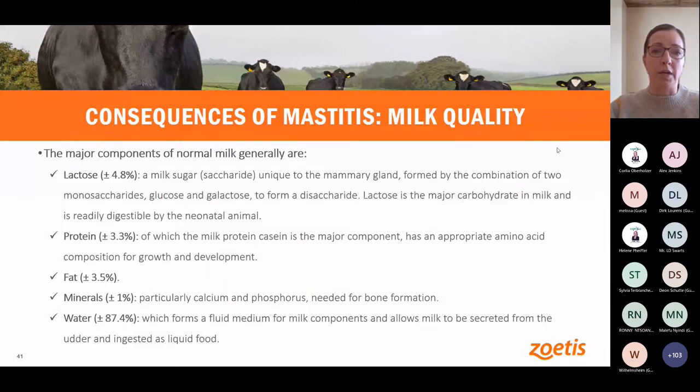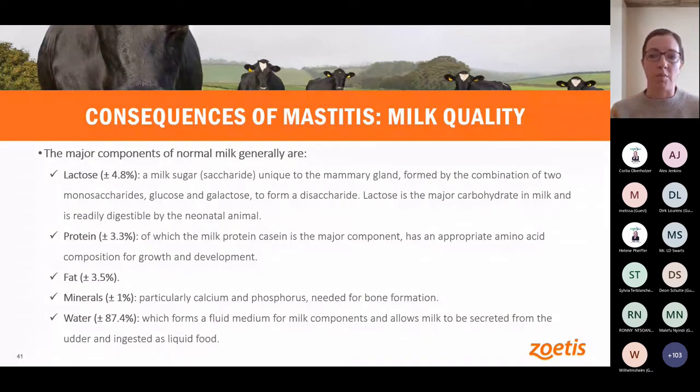Right, looking at milk quality. On the screen there, you will see the major components generally of normal milk, right? This will differ between different breeds, etc. But just in general, normal milk: lactose 4.8%, that's the milk sugar that's unique to the mammary gland.